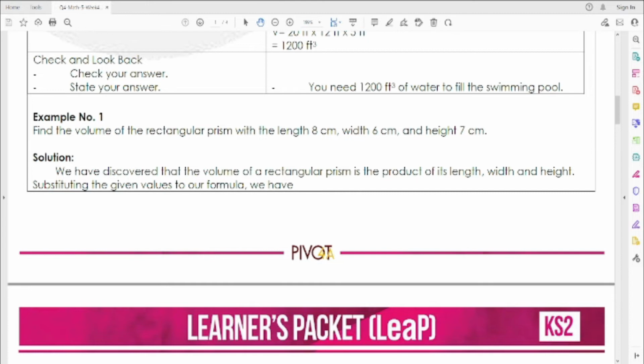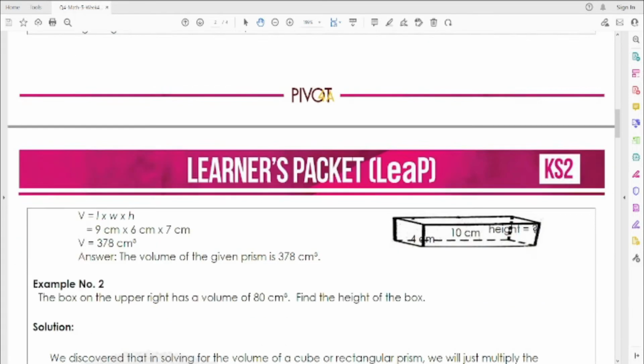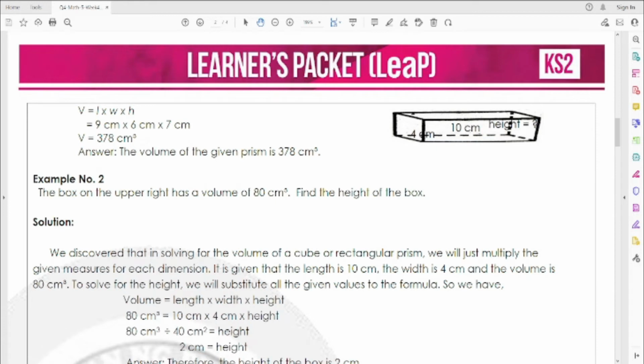Substituting the given values to our formula, we have V is equal to L times W times H. Then our L is 9 centimeter, our width is 6 centimeter, and our height is 7 centimeter. Then the answer is volume is equal to 378 cubic centimeter. Our answer, the volume of the given prism is 378 cubic centimeter. That is the answer for problem number 1.